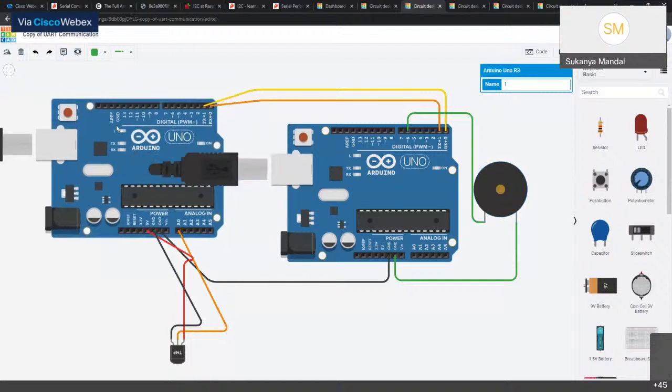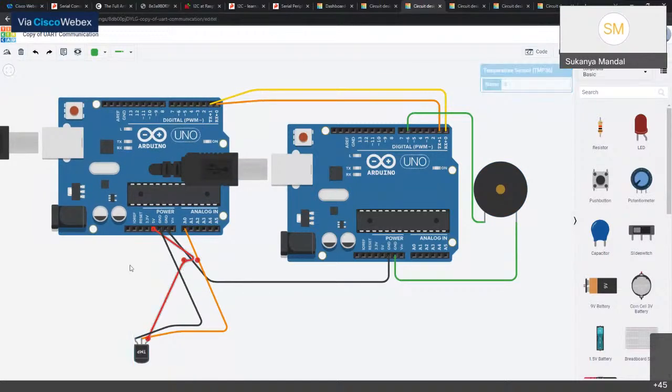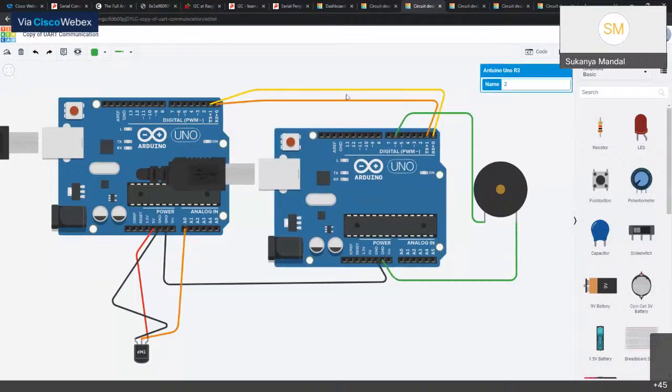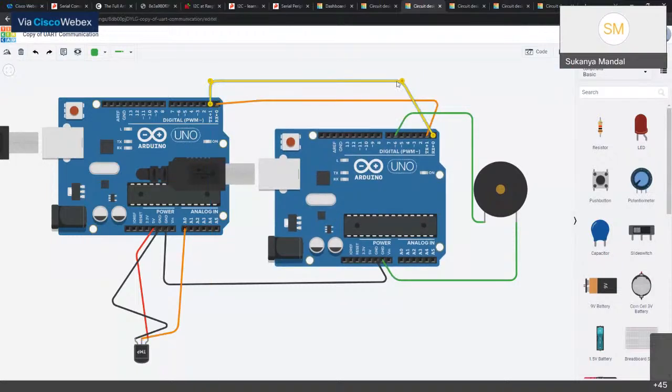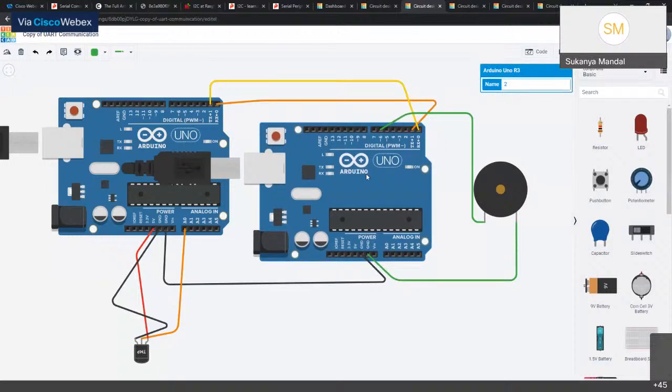Let me try and do this. So this is another board. I'm just putting one on top of the other.